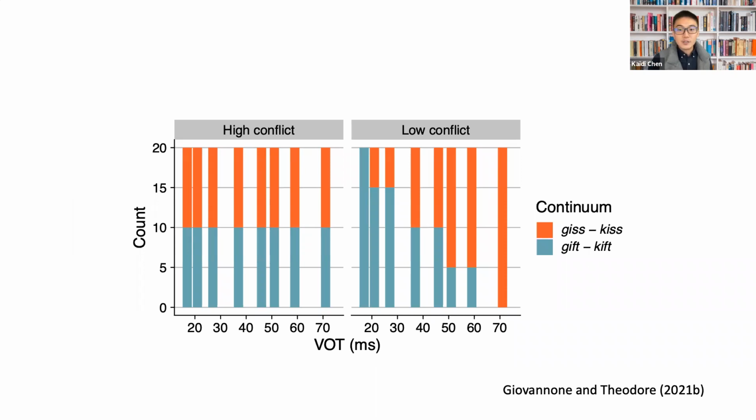As you can see here, two continua, giss, kiss, and giff, kiff, the lexical context comes at the word level, not the sentential semantic level. So temporally adjacent to the phonetic cue. VOT again, in this case, between subjects, they also manipulated the degree of conflict, as you can see here, high conflict or low conflict.